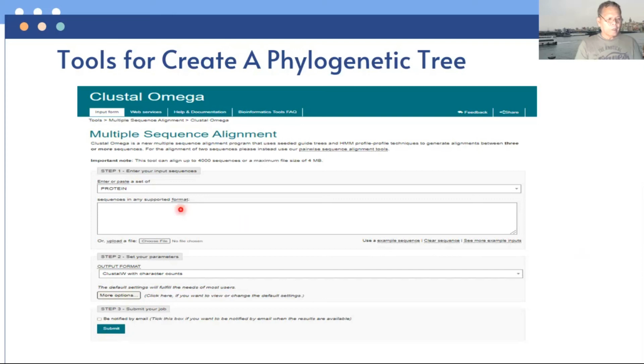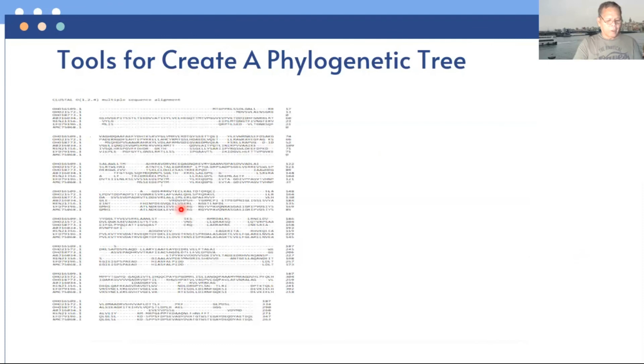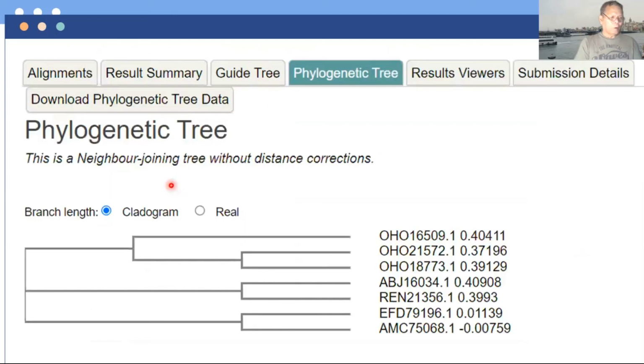Then let's see this one. We have several sequences of a target that we want to determine. Then after that, we will get this one, a phylogenetic tree. This is a neighbor-joining tree without distance correction. Then let's see this one and this one. I think that's all for this time.